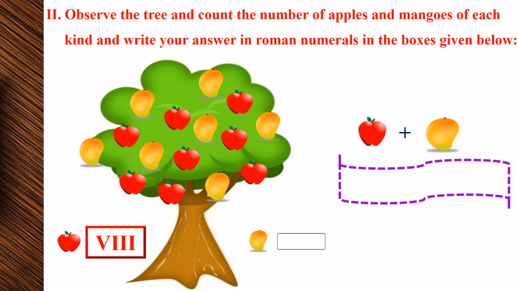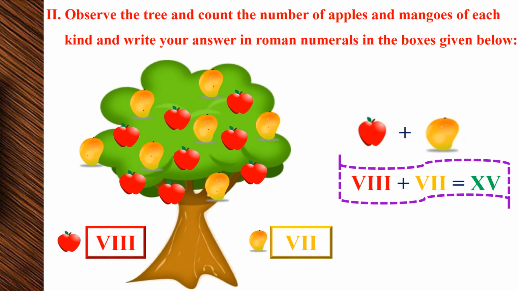Now, let us count mangoes. 1, 2, 3, 4, 5, 6, 7. There are 7 mangoes. Now, we have to add it. Totally, how many fruits are there in the tree? Adding 8 and 7, we get how much? Yes, of course, it is 15. So, it can be written as XV.